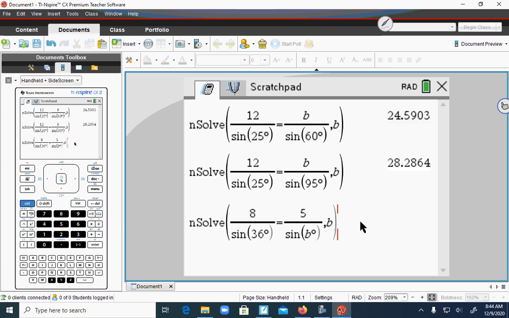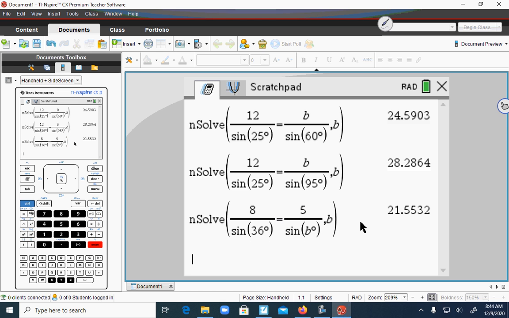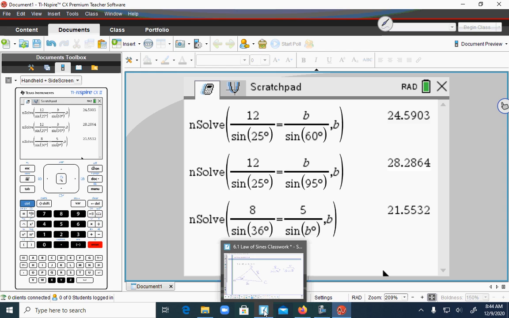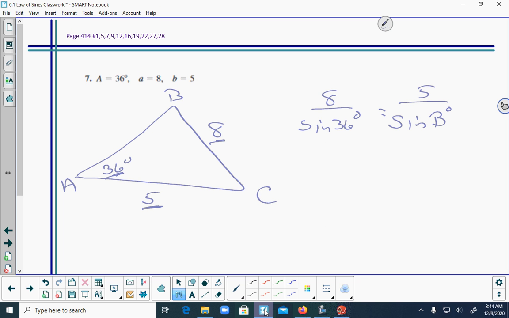You do not put it here. When I hit enter, I get 21.55 degrees. I rounded that to 21.6 because somewhere I was taught to always round angles to the tenth. So I am going to make this angle B.